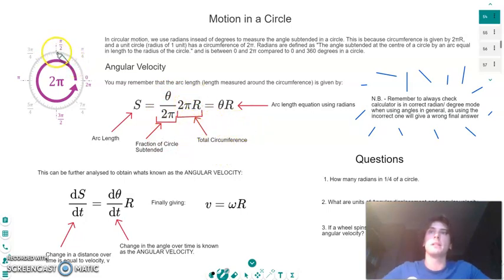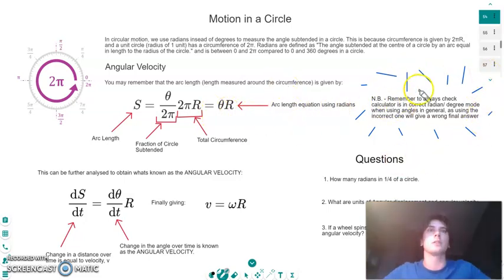So that might be a quarter of this circle here, a quarter as a fraction, times the total circumference. And by using this 2 pi, these radians instead of 360 degrees, it simplifies a lot. So it turns into theta r, which is a simple expression for the arc length.